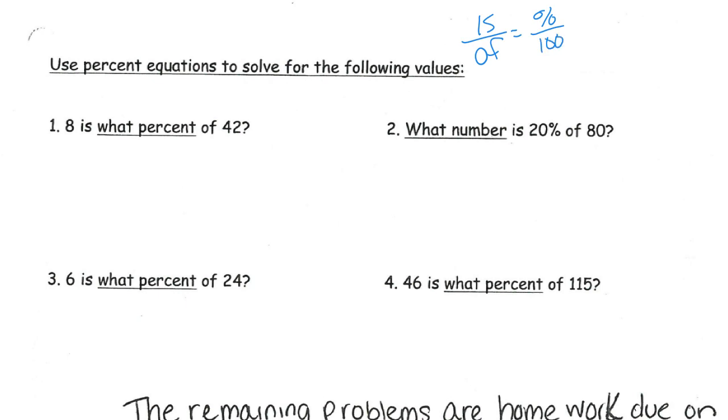I find that a little easier to remember than is equals percent as a decimal times of, but either way works. I like the proportion way, because I don't have to do anything to that percent. I can just leave it as a whole number. So try 1, 2, 3, and 4. I'm going to show my work as a proportion, so that might be where I start.